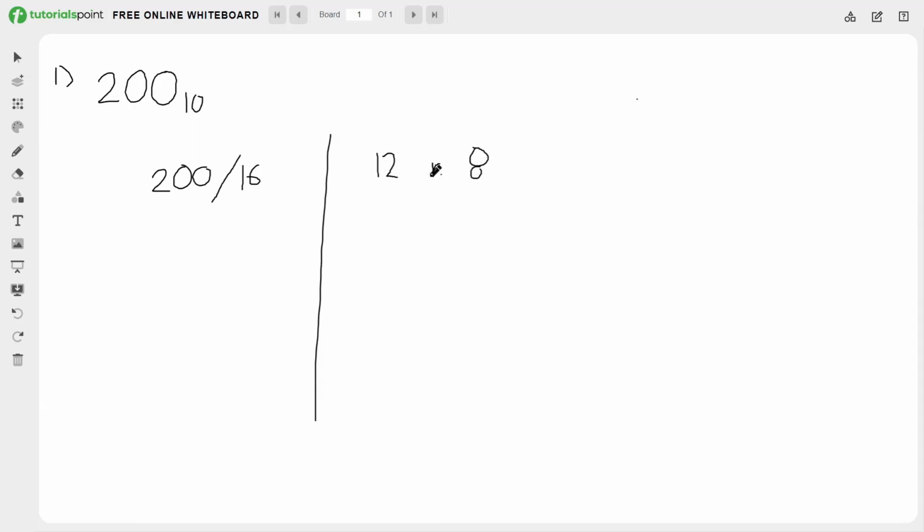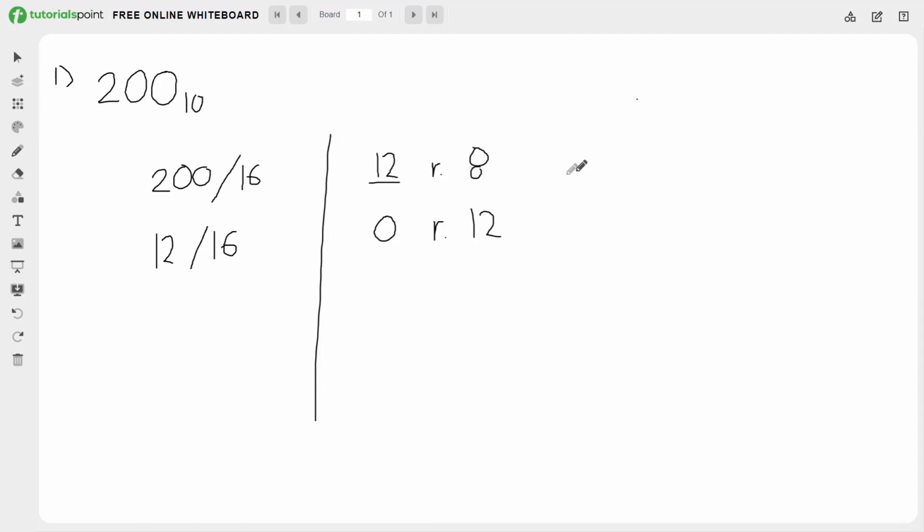Now, we have to get this number 12 and write it on the left part, and we need to divide this again by 16. So 12 divided by 16 is 0, remainder 12. So we're done with the first part, and now we proceed to the second part of this step.